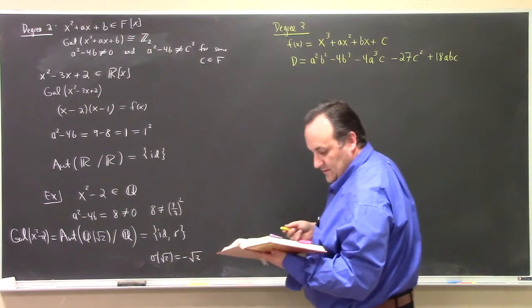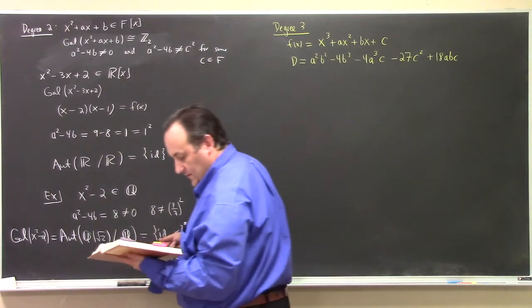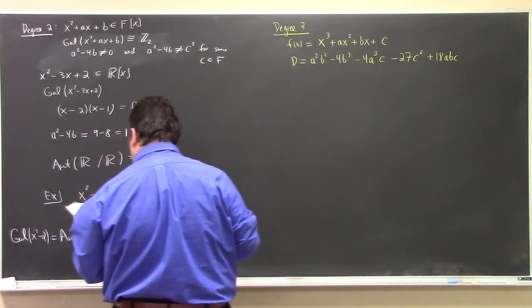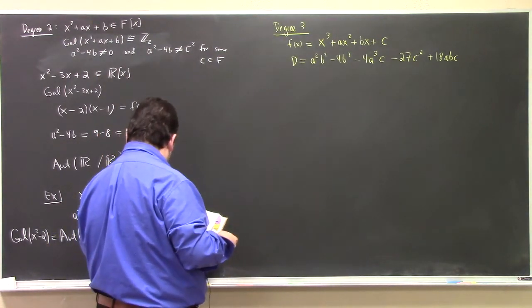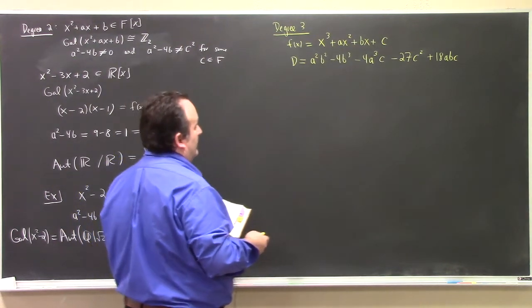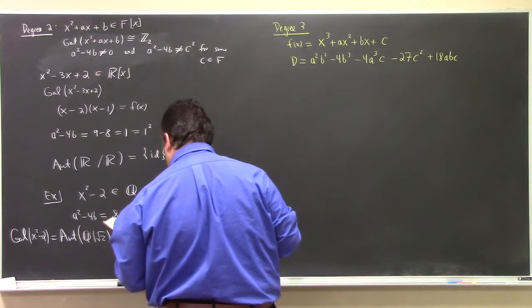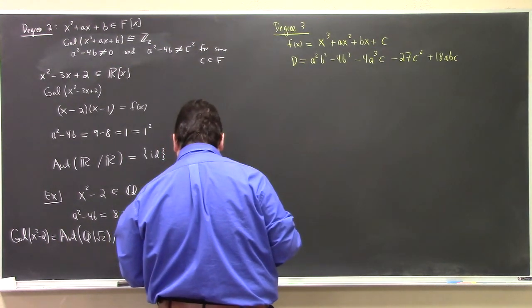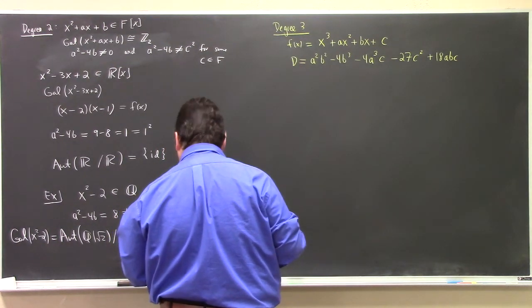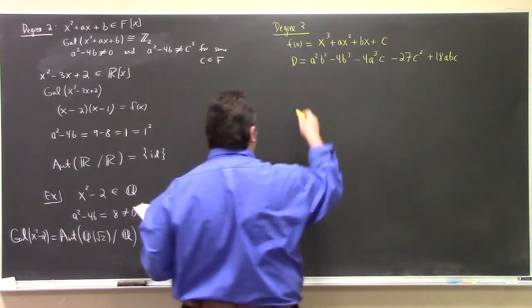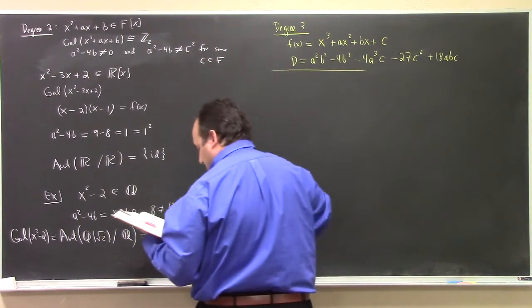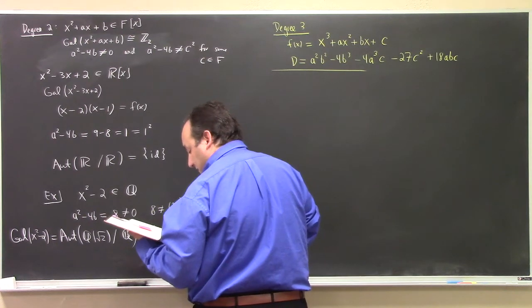That's the discriminant for the cubic. I'm not sure this has anything directly to do with Cardano. Everything does with cubics, of course, but I'm not sure if that particular formula is his.